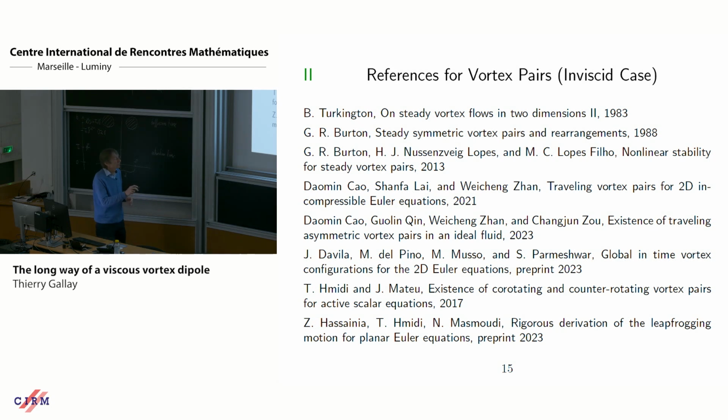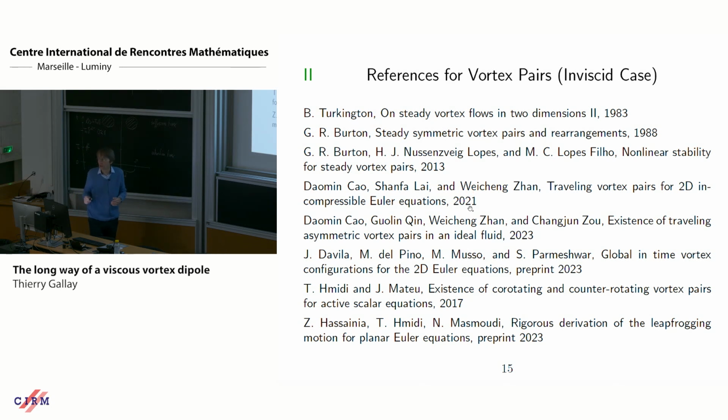And there is also a very strong group now, some distinguished members are in the audience, doing the same thing for vortex patches, not only for vortex pairs, but even much more complicated dynamics. So for Euler, there are corresponding works which go even to infinity in time, because these are traveling wave solutions, which can be constructed for the Euler equation by, say, variational or perturbation methods.